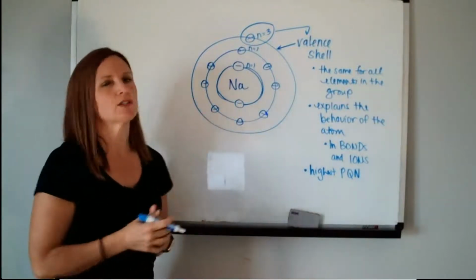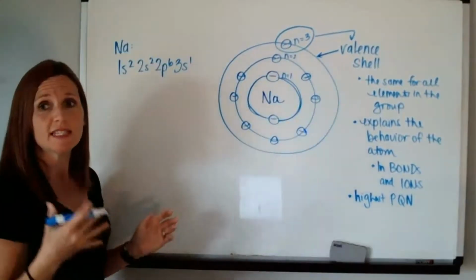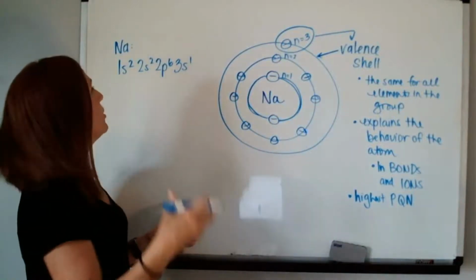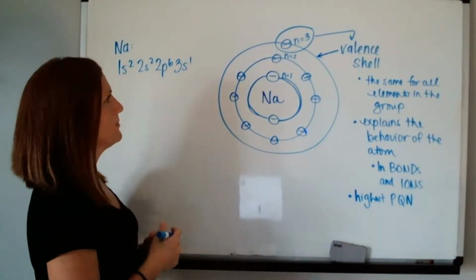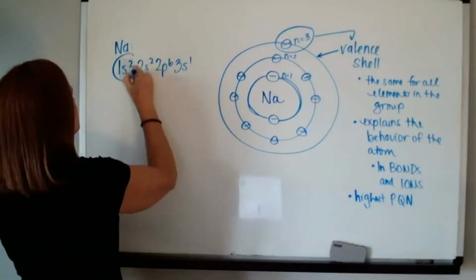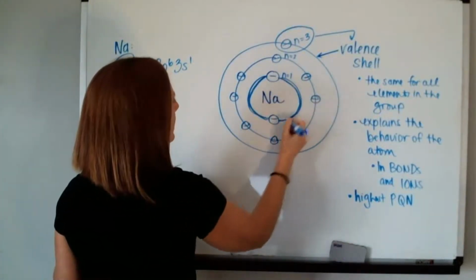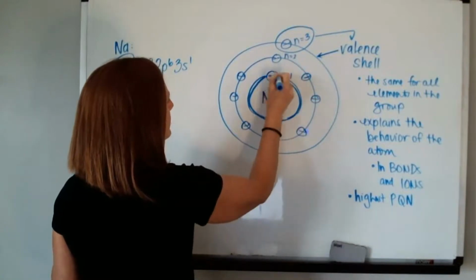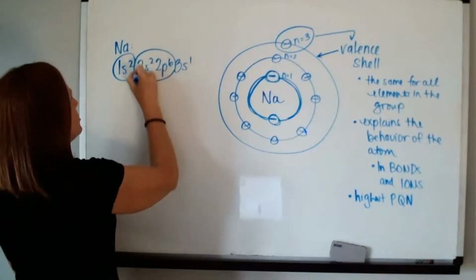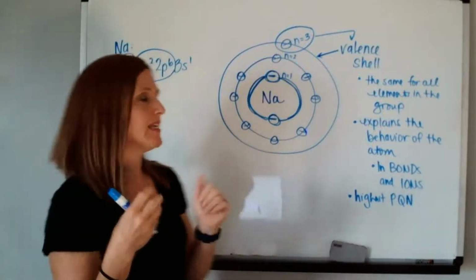Let's just look at what sodium's electron configuration looks like and compare it to this drawing. This is sodium's electron configuration: 1s2, 2s2, 2p6, 3s1. And I just want to connect these two things for a moment. 1s2 represents this innermost shell and these 2 electrons. 2s2 and 2p6 gives me a grand total of 8 electrons in the next shell.